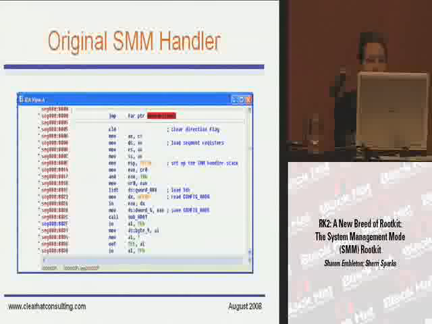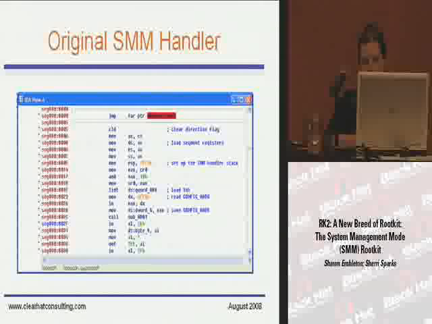So it jumps down and it clears the direction flag. Next thing it does is it loads the segment registers. It sets up a stack for the handler. Loads the IDT and reads the current value from the configuration address register to see where it points to in the PCI configuration space. And then it does a whole bunch of other stuff, but we don't really care because we're going to overwrite it anyway.